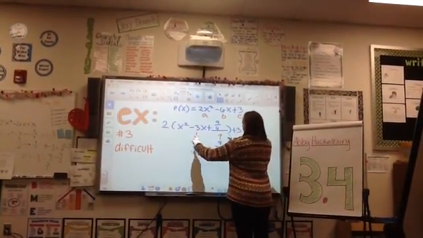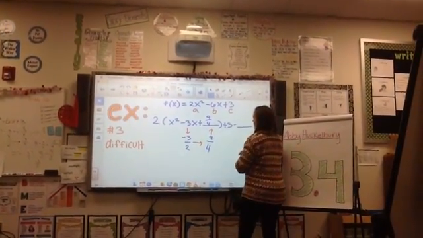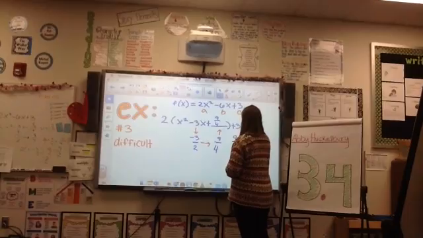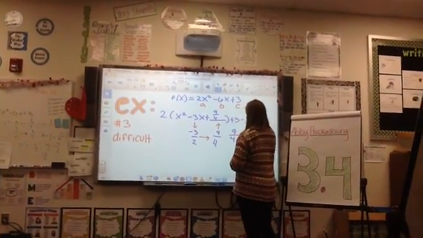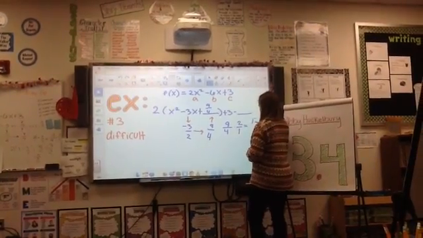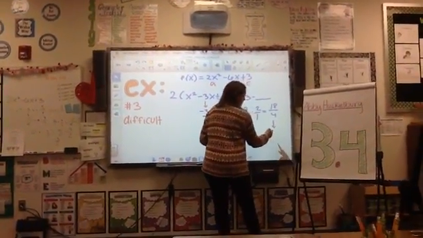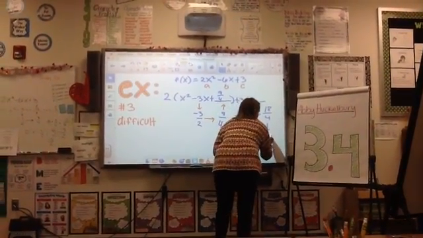Now, we need to multiply 9/4 by 2 because it's outside of the parentheses. The 2 is the same as 2 over 1, which gives us 18/4, which can be reduced to 9 halves.